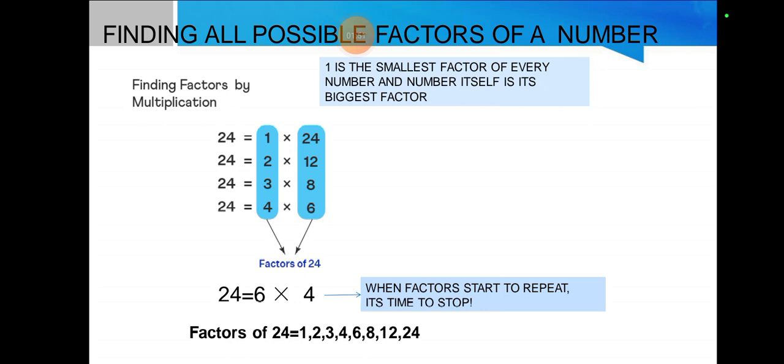You must know that each number is divisible by 1. If you multiply anything by 1, we get the same thing. So we say that 1 is a factor of each and every number. But the highest factor is always the number itself, because that also comes with 1 times, so it becomes 2 times.